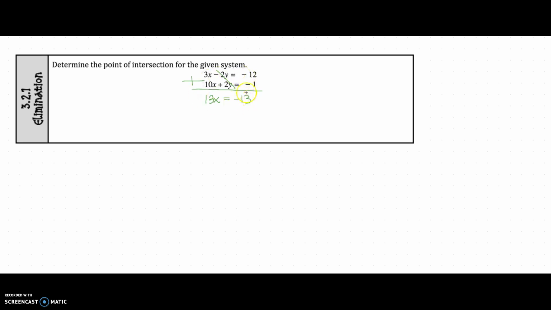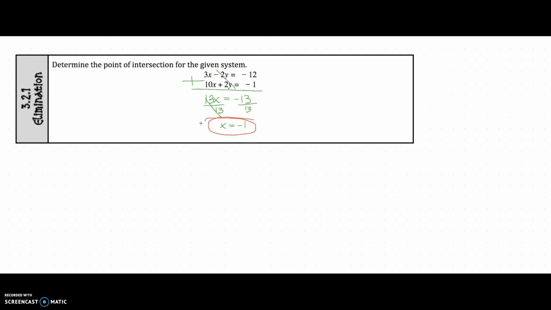So once I have this, it should be just a very quick one-step equation, so I can divide by 13. And we get x equals negative 1. So that is part of my answer. So I'm going to go ahead and circle that.